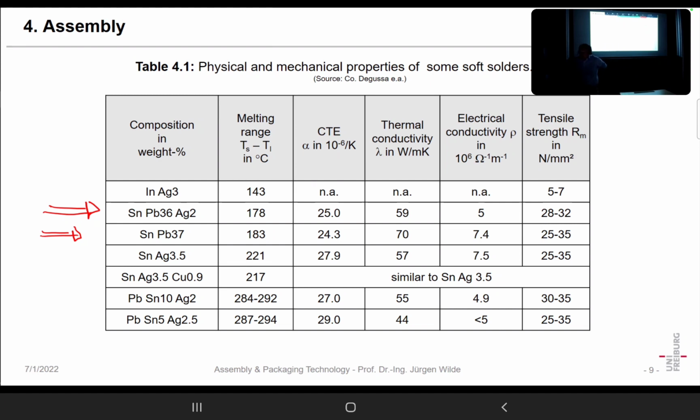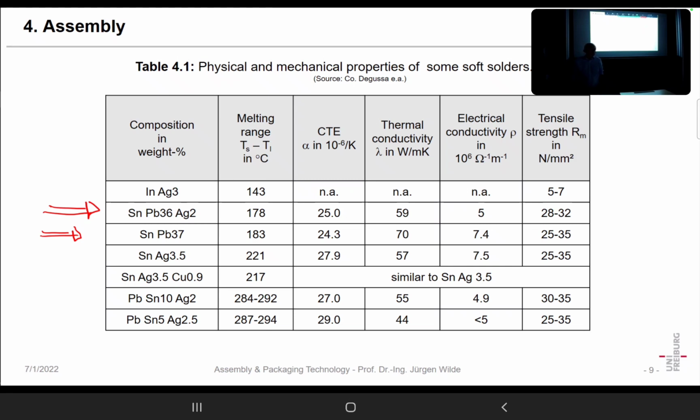Electrical conductivity also, we have some scatter here. It's somewhere 10 to the power of 7, or 5 to 7 times 10 to the power of 6 per ohm meter.